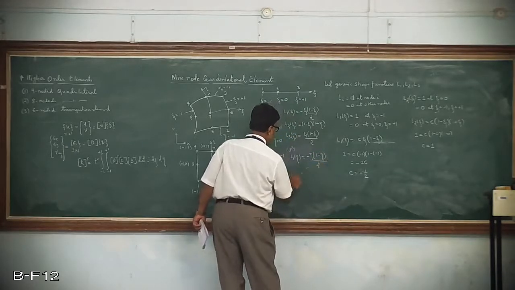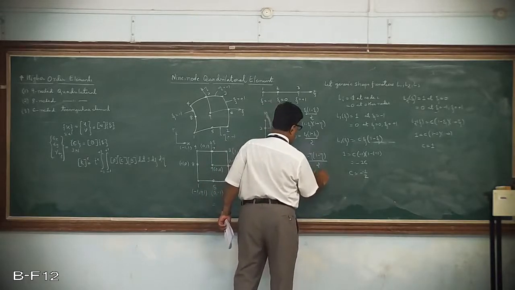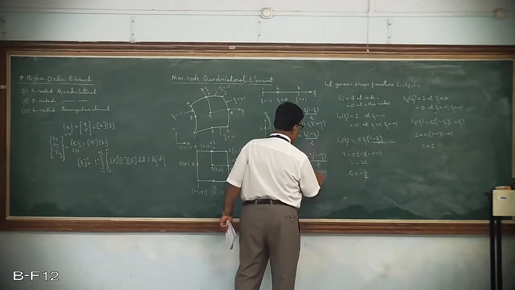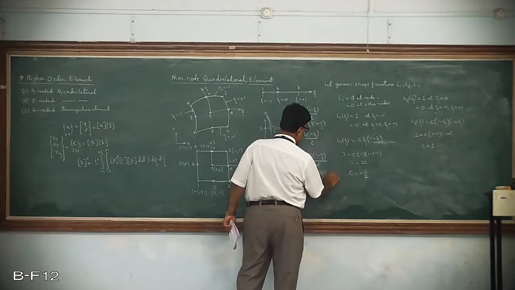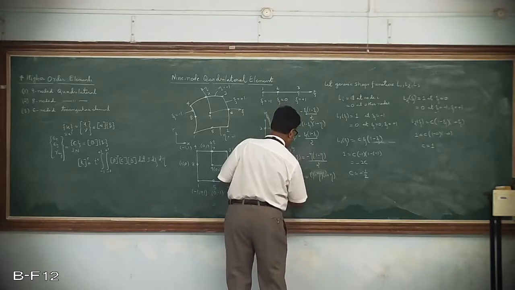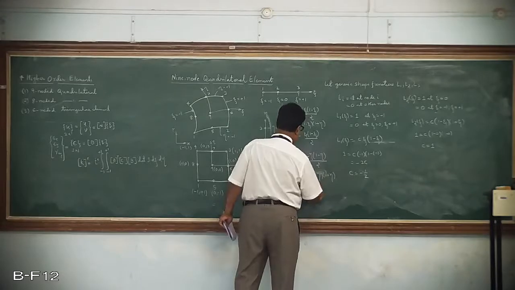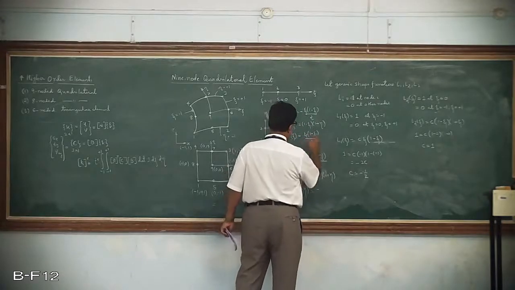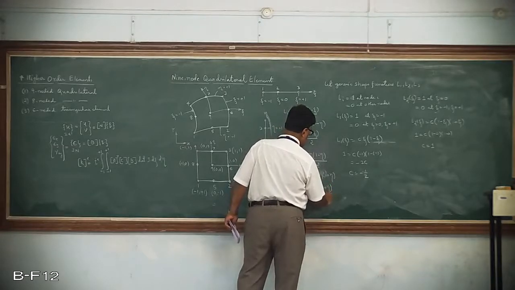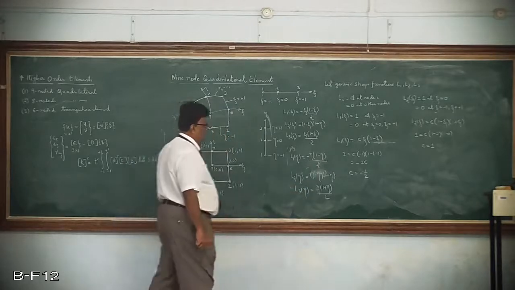Then L2 of eta is equal to 1 minus eta, 1 plus eta, and L3 of eta is equal to eta into 1 plus eta upon 2. These are what are called the Lagrange functions.